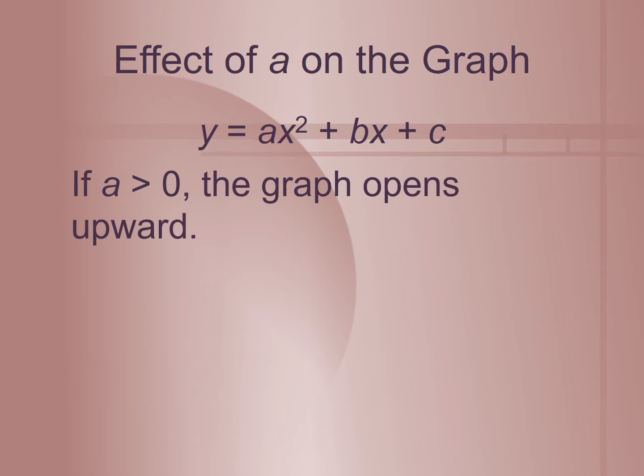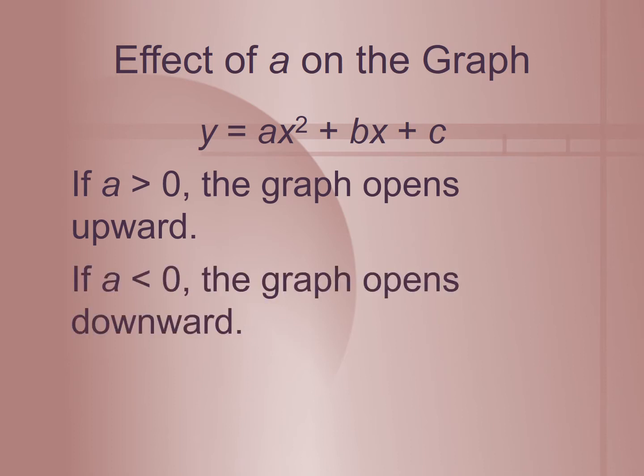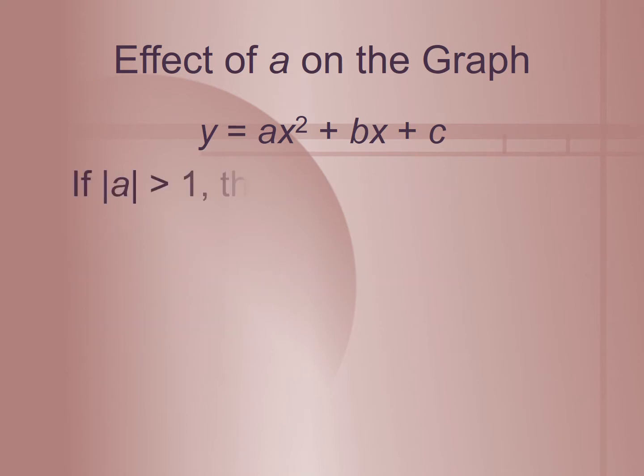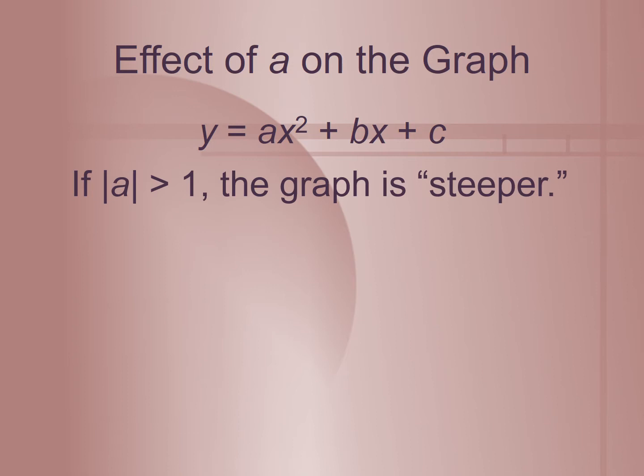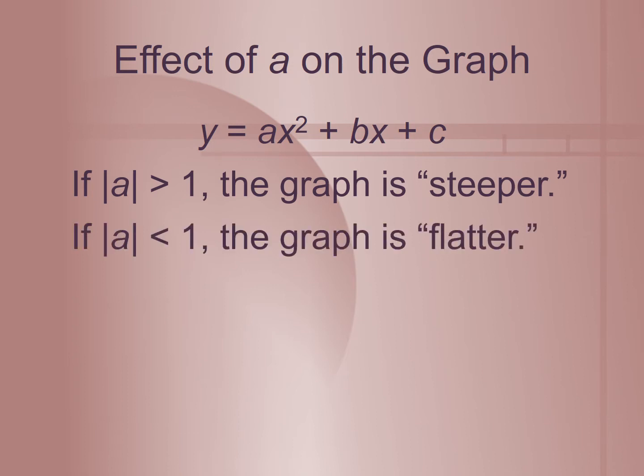If our a value is positive, the graph is going to open upward. If the a value is negative, the graph is going to open downward. If our a value is greater than 1, then the graph is going to be steeper. If the a value is less than 1, the graph is going to be flatter.